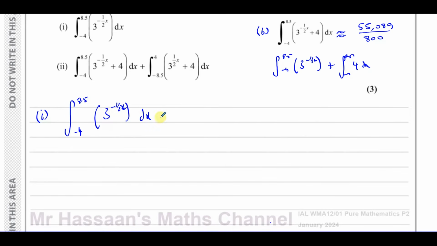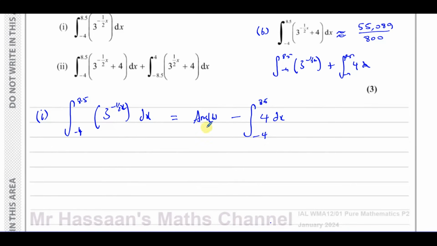So basically, what I can do is this is going to be the same as my answer to part B, minus the integral of 4 with respect to x between minus 4 and 8.5.